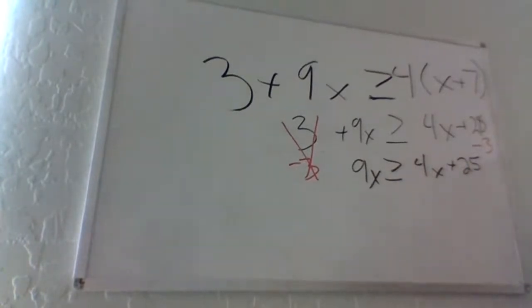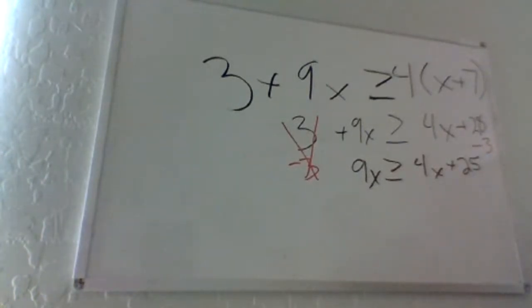Now we're done, right? Yes. Do you divide with 4x and 9x? Well, what would be the easiest way to get rid of it? I like where your mind is going. You're thinking about eliminating it, right?